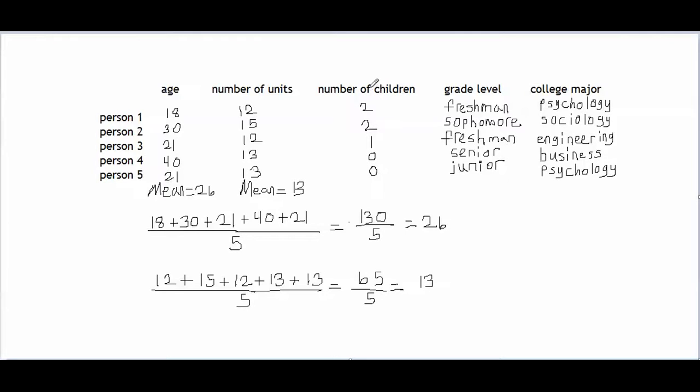What about number of children? Number of children is a quantitative variable, which means that we can calculate the mean of these 5 data values down here.